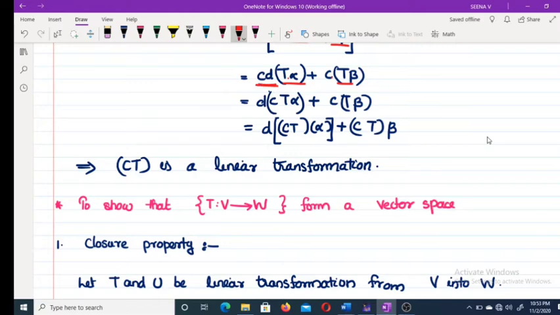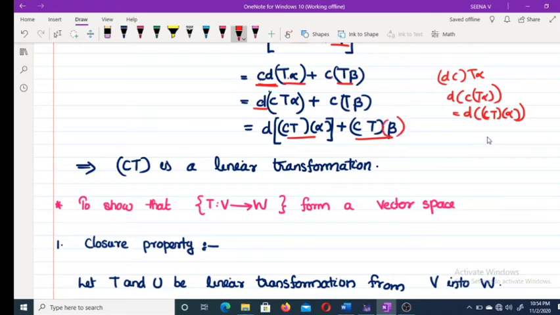So this is d times c T alpha, that is d times (cT) of alpha, plus (cT) of beta.